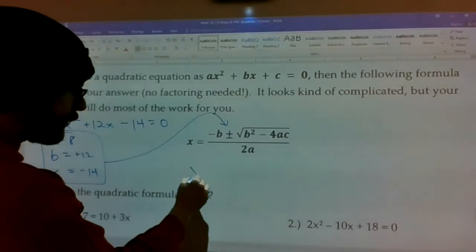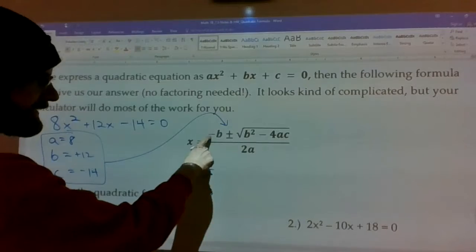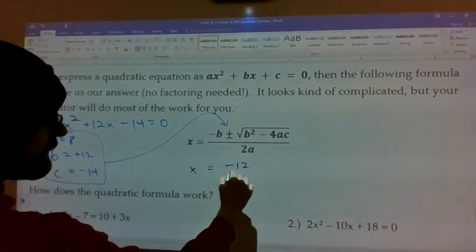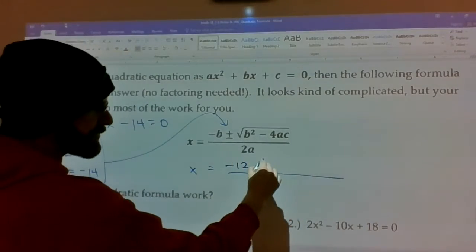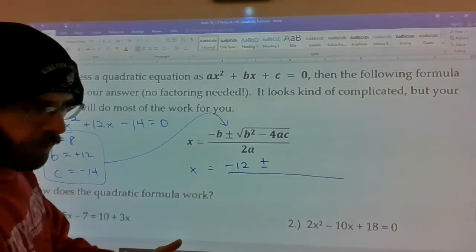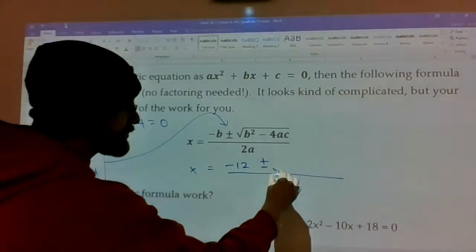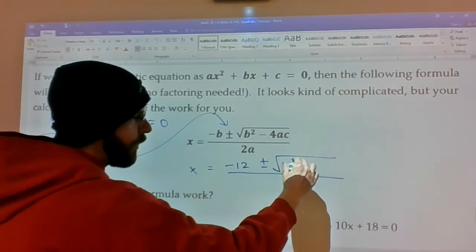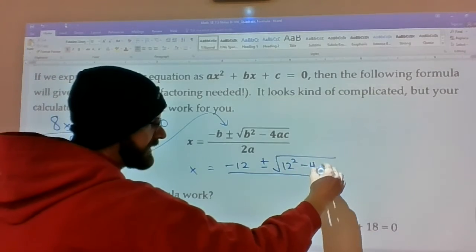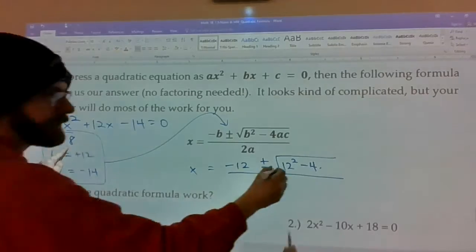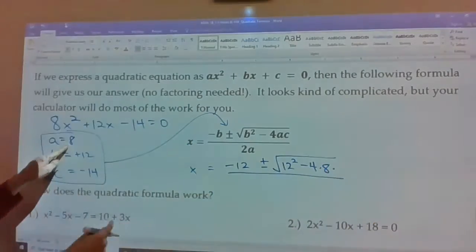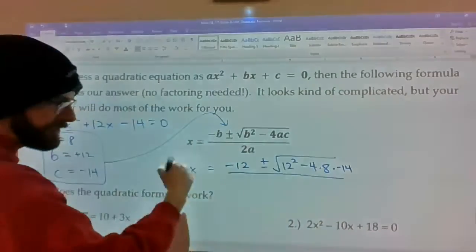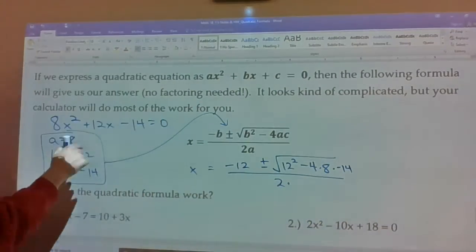So x, which is our solution, equals a negative b, so negative 12, plus or minus, again, you're going to plus for one answer, minus for the second, the square root of b squared, which is 12 squared, minus 4 times 8 times c, which is negative 14, all divided by 2 times 8, which is the a.